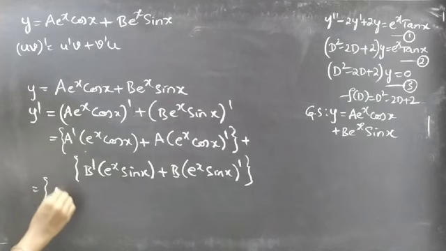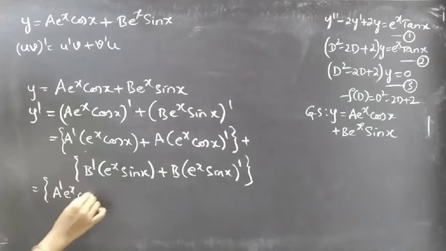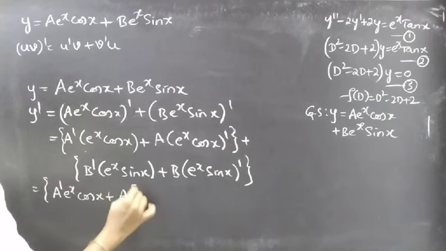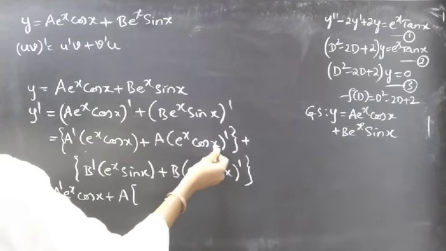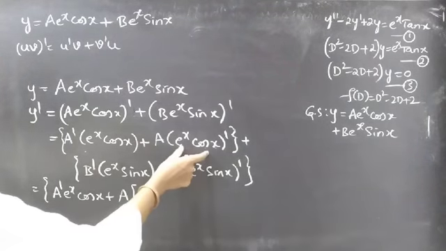This equals a dash e power x cos x plus a into, now find the derivative of e power x cos x whole dash. Again you have to apply uv whole dash here.